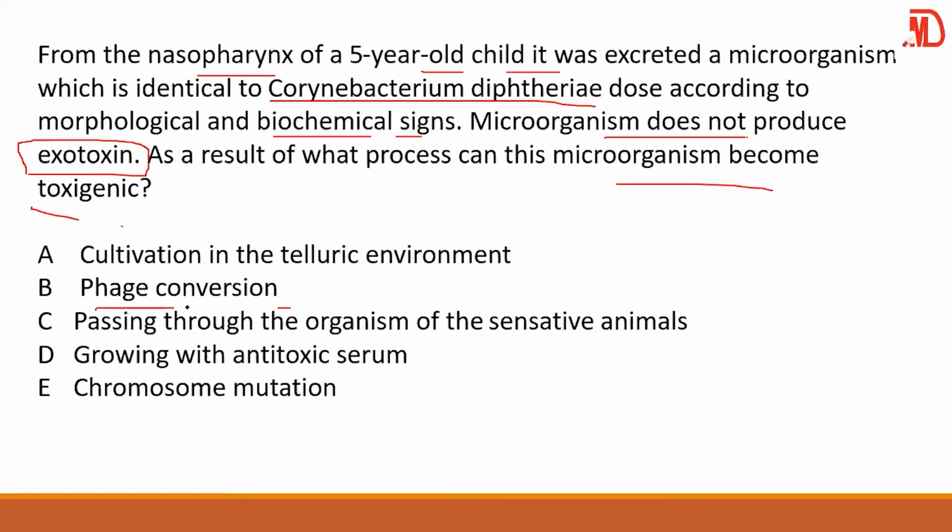Phage conversion occurs when a bacterium, which on a normal day is not causing any infection or toxicity, is made toxigenic. That is what we call phage conversion. You are converting it from a non-toxic state to a toxic state, and that will help you remember it. So your answer is B, phage conversion.